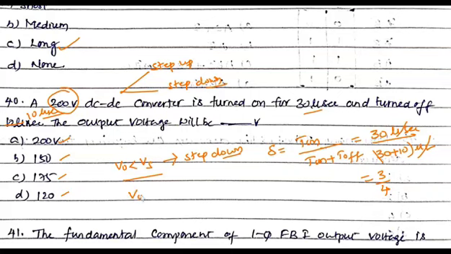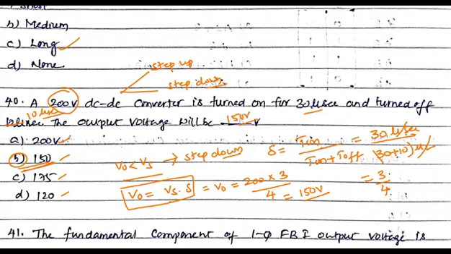Now V naught is nothing but Vs into delta. There's a formula for step down converter. So V naught is equal to, what's the Vs? 200 into 3 divided by 4. So it is nothing but 150 volts. So B is the right answer. The output voltage will be 150 volts here. It is nothing but a step down chopper.